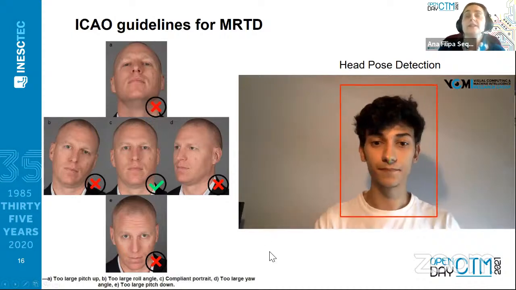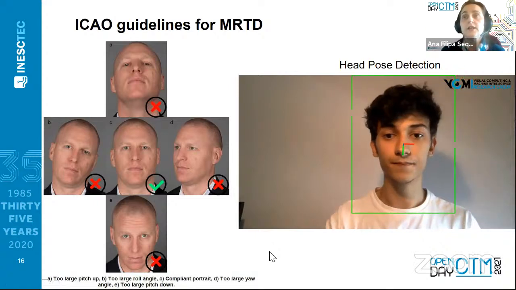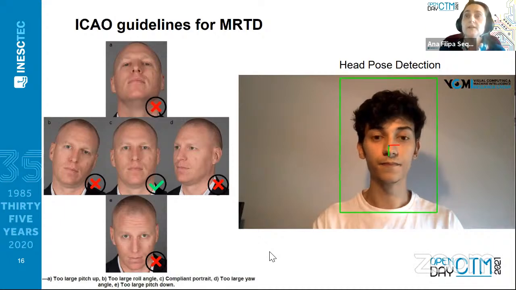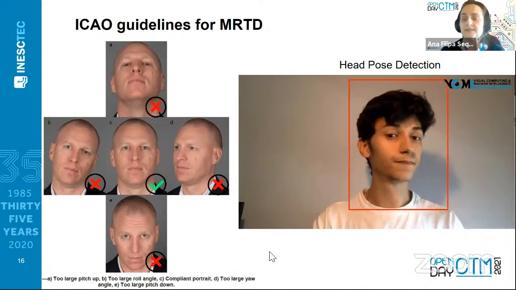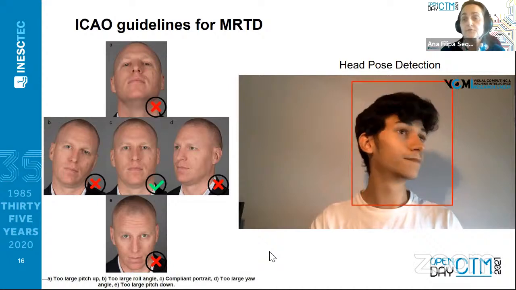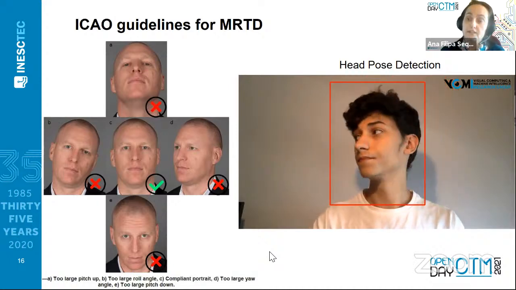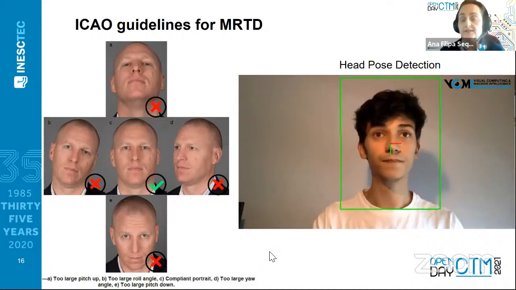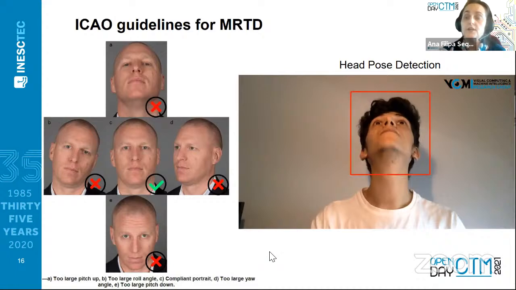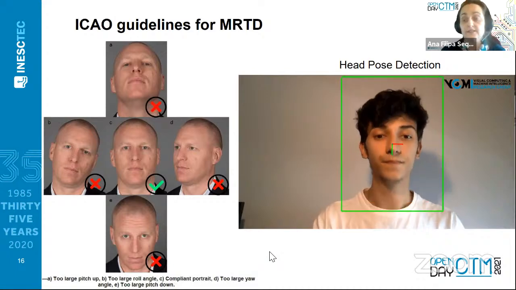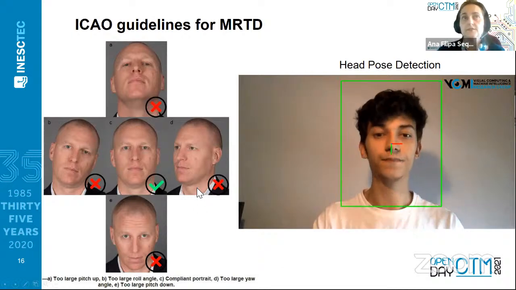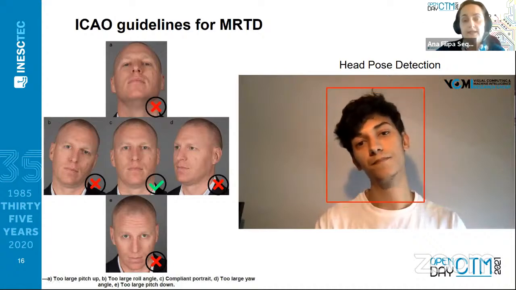And we can see in this demo video that whenever our student moves, it gets information about the deviation of the head pose according to the 3 axes, and this is sensitive to deviations greater than 8 degrees, which follows the guidelines of the ICAO. This can be applied in many applications.